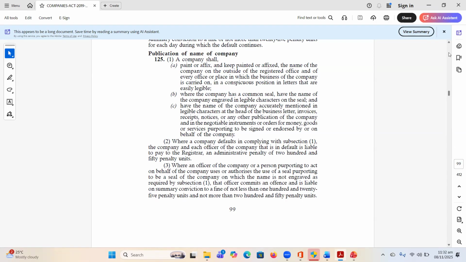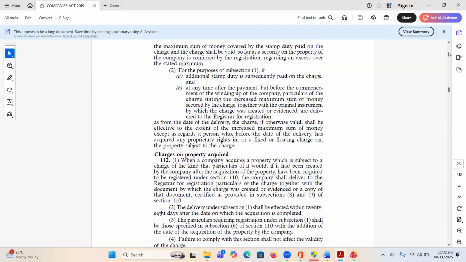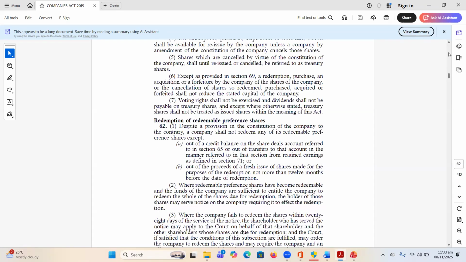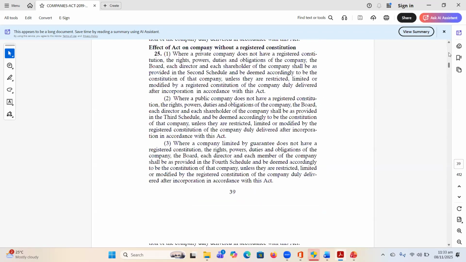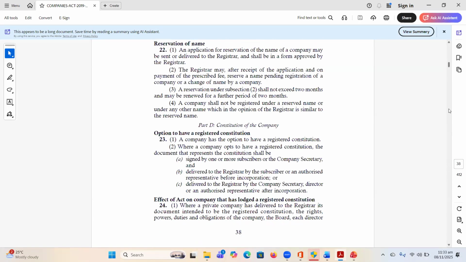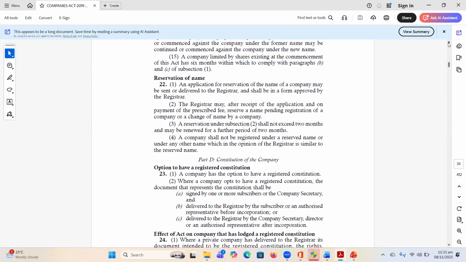So let's go back to section 22, the reservation of a name. Yes, read for us. Well, it is possible if you are going to register a company or you have in mind to register a company, but let's suppose that you are not doing so immediately.